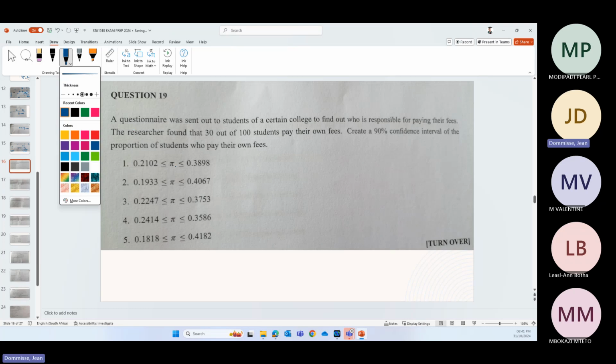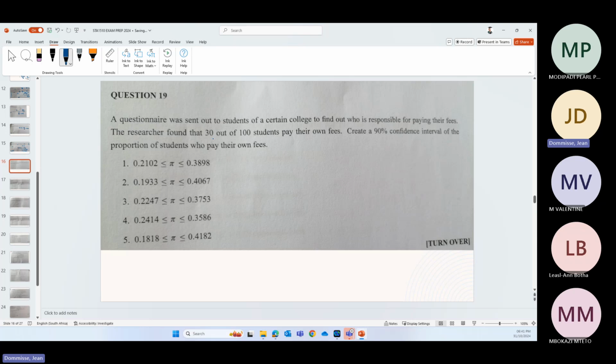A questionnaire was sent out to students of a certain college to find out who is responsible for paying their fees. The researcher found out that 50 out of 100 students pay their own fees. Create a 90% confidence interval for the proportion. So again, it is the proportion formula.